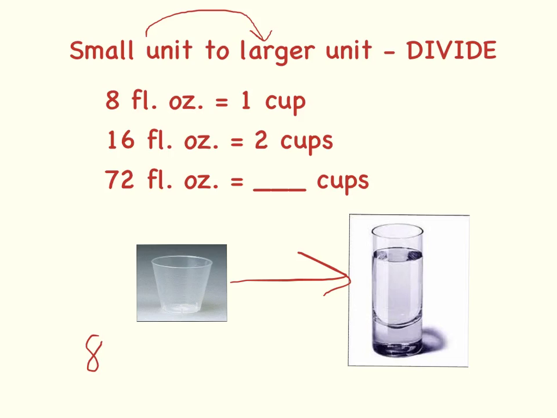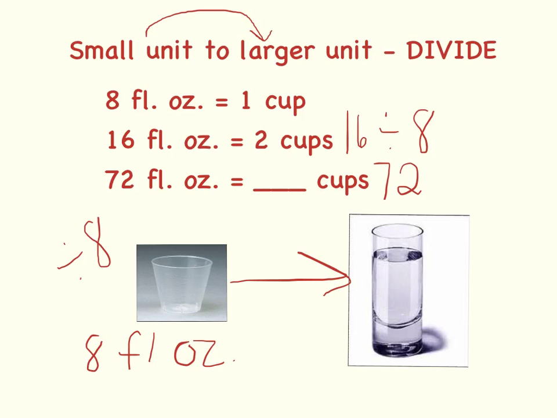And there are 8 fluid ounces in 1 cup. So that's my magic number. That's what I'm going to divide by. I'm going to be dividing by 8. So 16 divided by 8 would give me 2 cups. If I have 72 fluid ounces, I'm going to divide by 8. That's my magic number, and that would give me 9 cups.